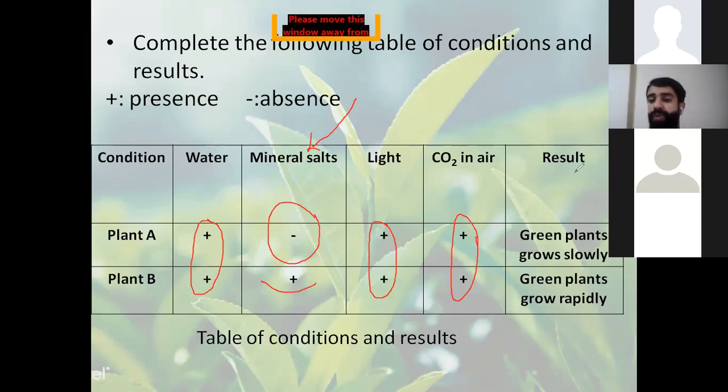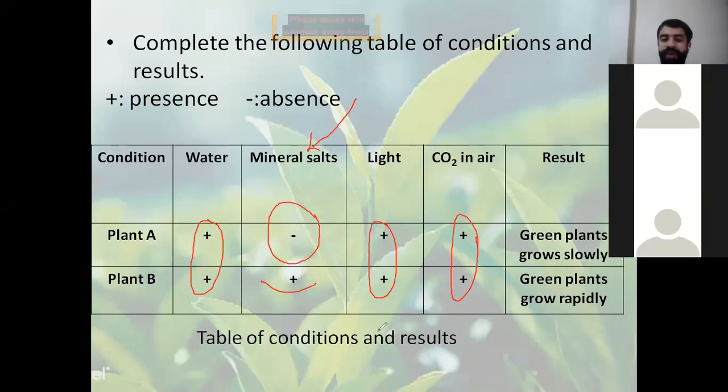So what happened? At the end of the experiment, the result was in plant A, it grows slowly and smaller in size as you see in the figure. While in plant B, where we have minerals, the green plant grows rapidly. So this is the variable factor. And also, this is the title for the table, table of conditions and results.